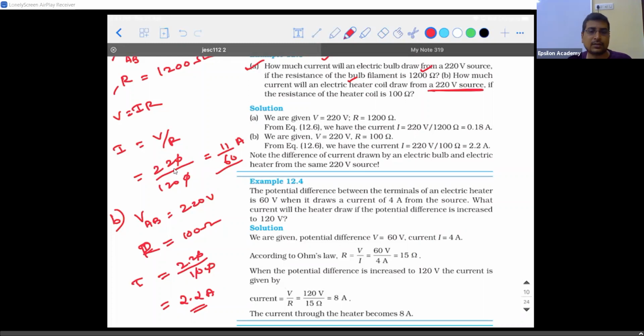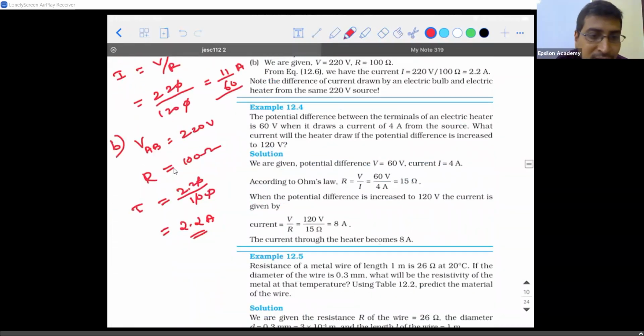Decrease its what? Decrease its resistance. The resistance of the bulb filament is 1200, whereas the resistance of the electric heater is only 100 ohm, because current and resistance are inversely proportional to each other.